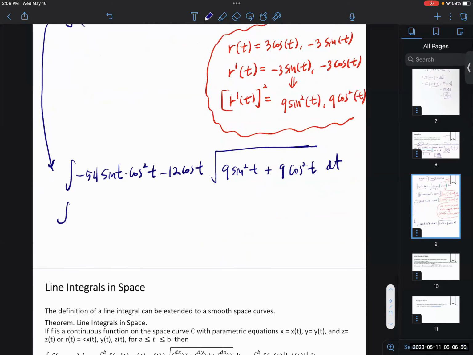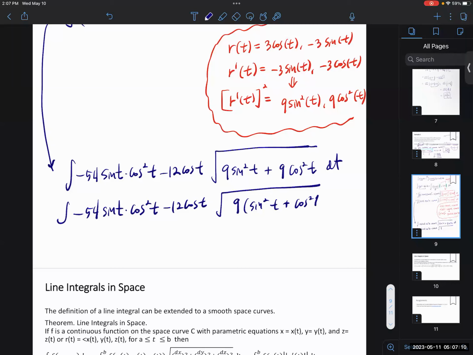Keep going. I cannot simplify anything, so I'm going to just keep negative 54 sine t, cosine squared t, negative 12 cosine t. And then you guys know 9 is a common factor, and then sine squared t plus cosine squared t. According to the Pythagorean identity, this is going to be 1.